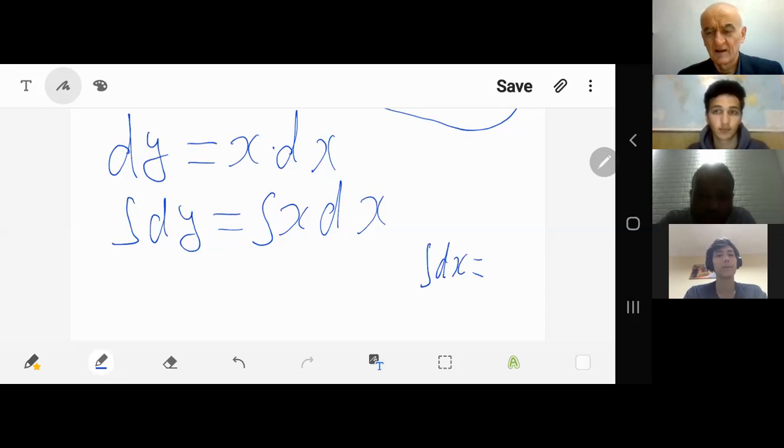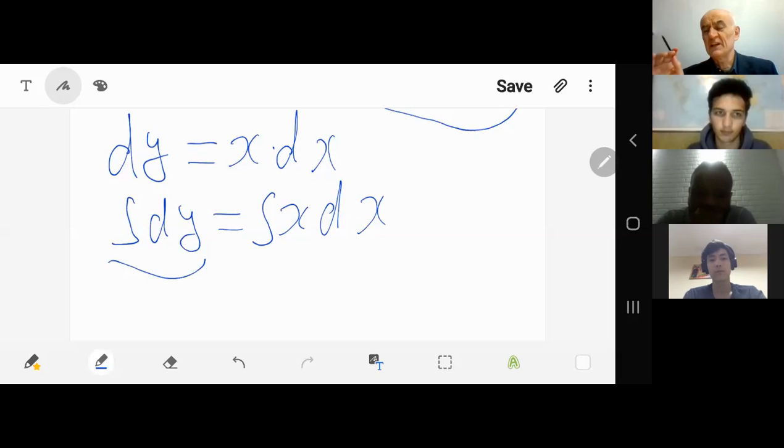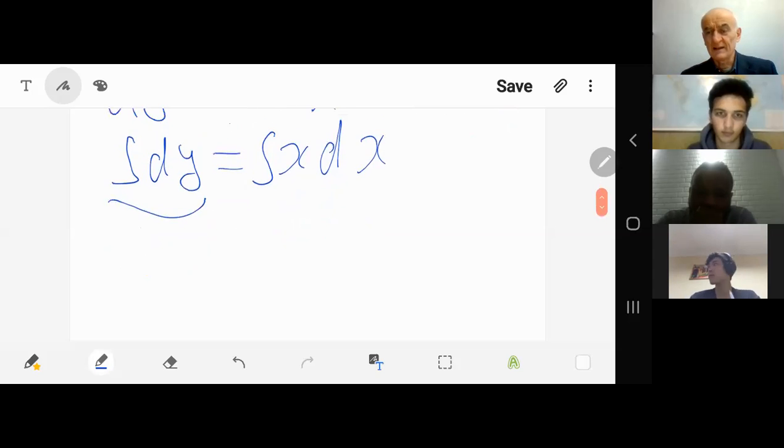The integral of dy is y. It's y. Like this integral, it's x plus some constant. So this integral equals y.